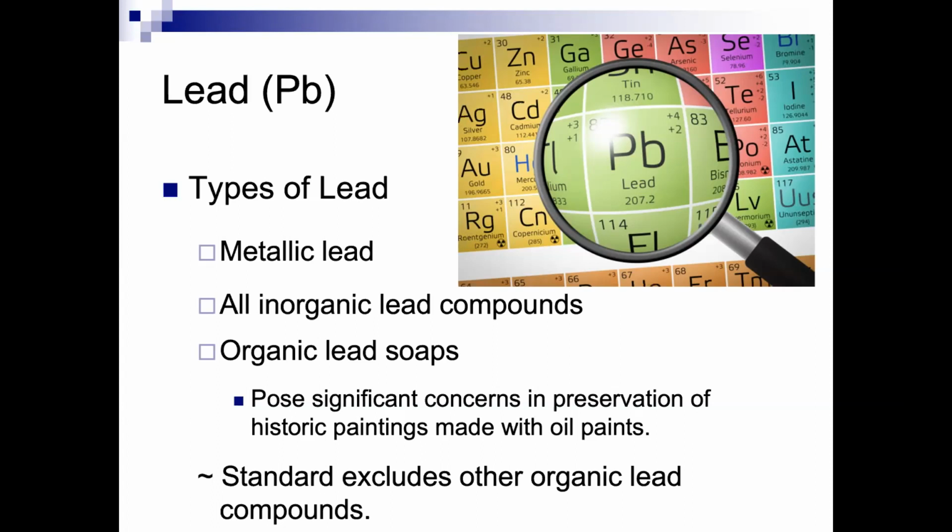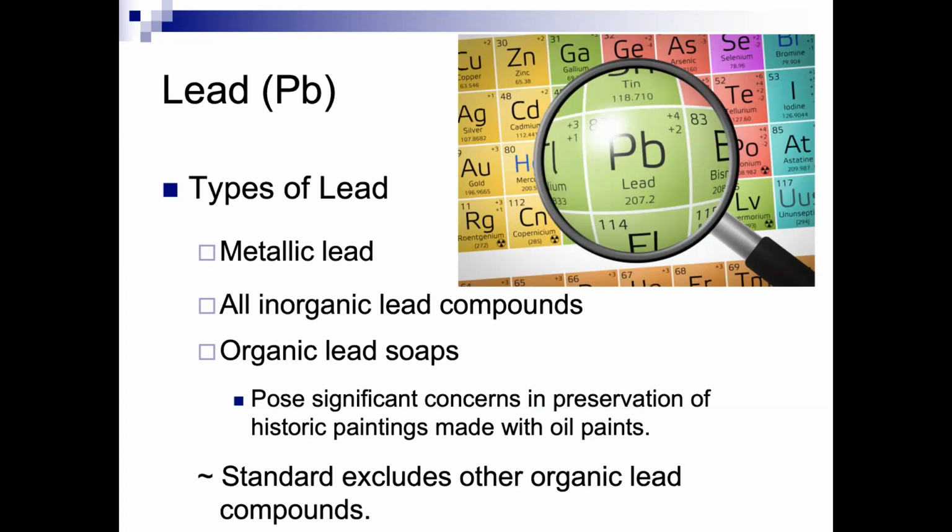However, they do pose significant concerns if you work in a museum or are a conservator of historic paintings made with oil paints. Oil paints, of course, have lead in them. That's what gives them the bright colors.